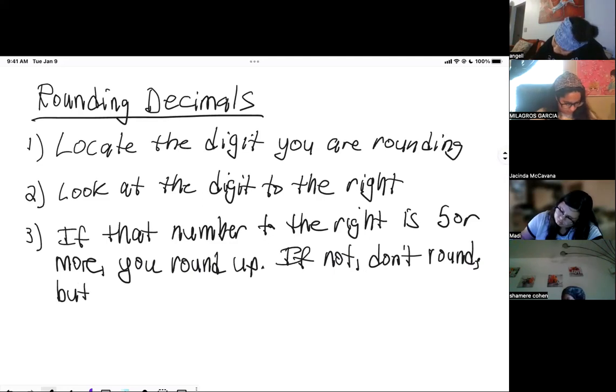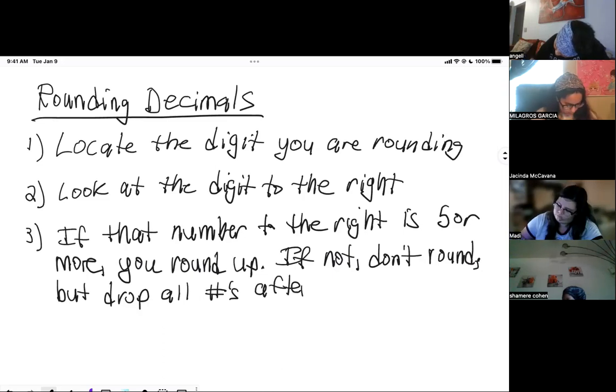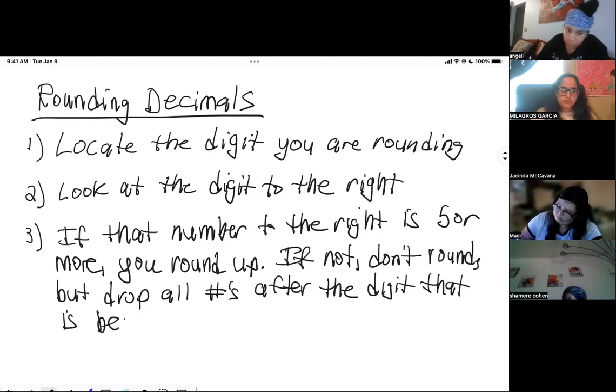I should probably say this, but drop all numbers after the digit that is being rounded. I gotta add it to the other one.